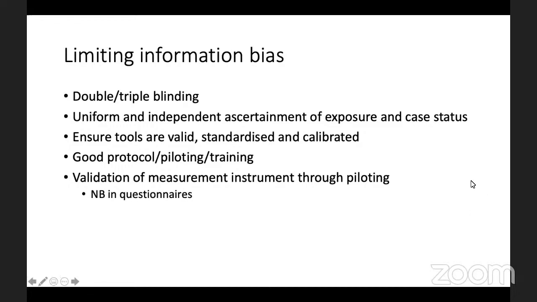Obviously, then ensure that all your tools are standardized, validated, and calibrated, and like I said, putting your tests through piloting.